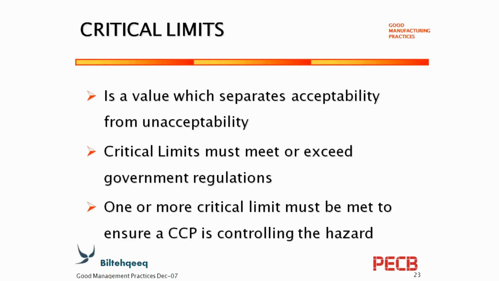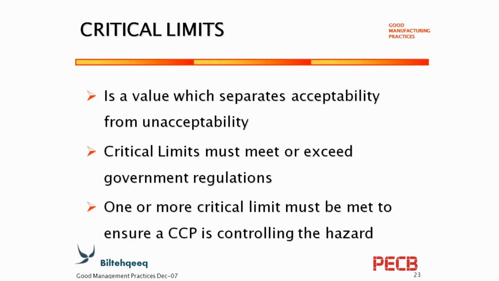And we should also define the critical limits. The critical limits are basically values within which these parameters are acceptable, and beyond which these parameters are not acceptable. So you have to define the values for acceptability and non-acceptability.